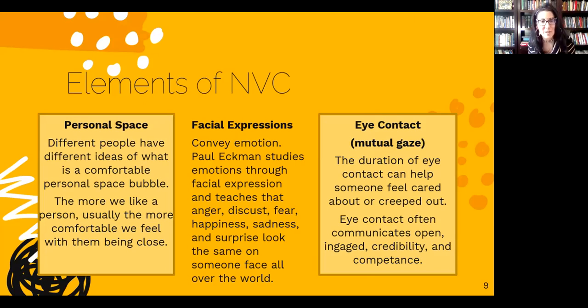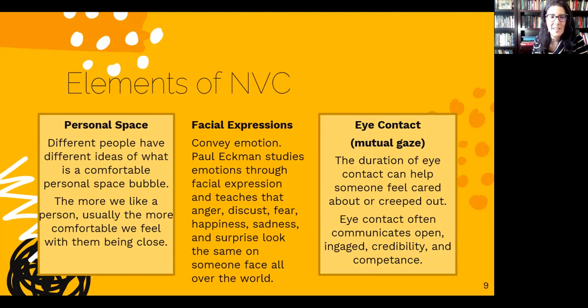Well, we just violated their personal space. So we just notice, okay, cool, no big deal, and then you just respect that space boundary. But the more we like a person, the more comfortable we usually are with allowing them to get closer or be in our inner circle.